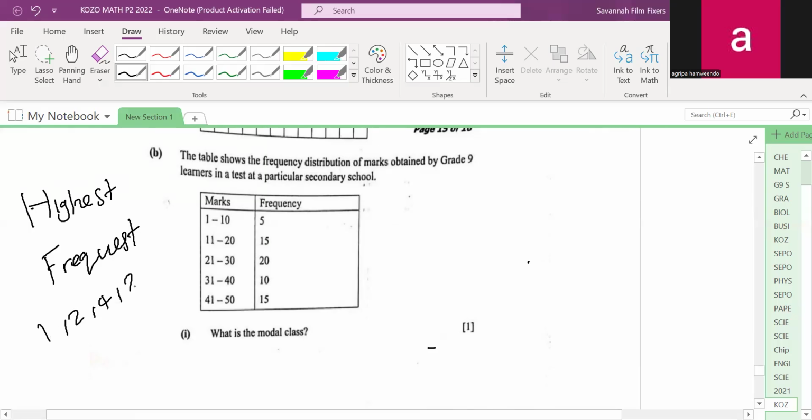You haven't been given a list of numbers to say 2 is the mode because you can visibly see it's appearing the most. But the other definition for mode is the value with the highest frequency. So which one has the highest frequency here? 20. Exactly. So the mode is 20.